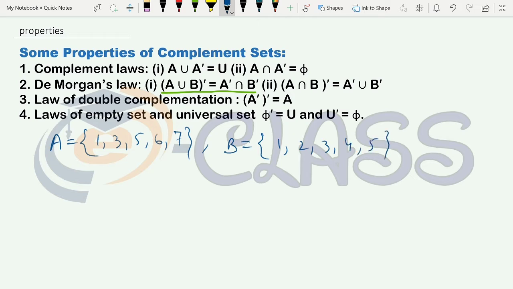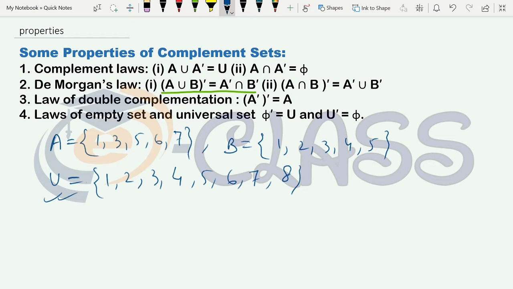Now, sorry, we have to take the universal set also, that is U equals {1, 2, 3, 4, 5, 6, 7, 8}. The universal set is basically the set which contains all the elements of A and B.